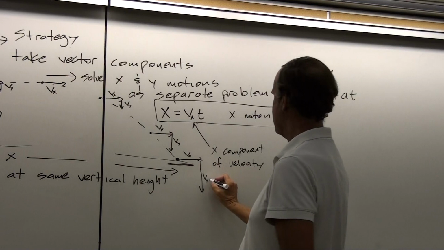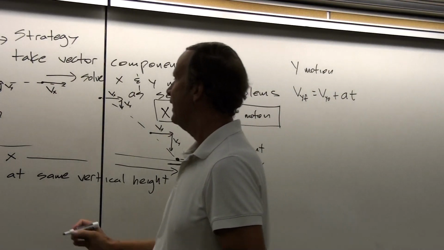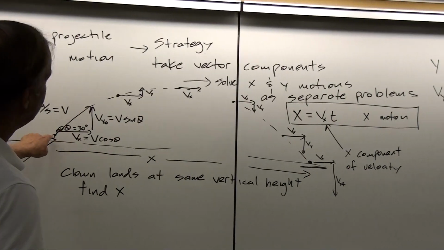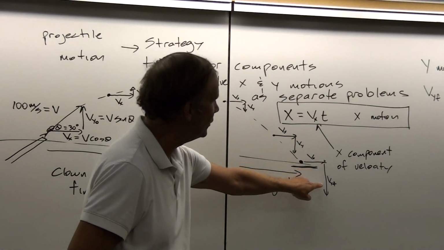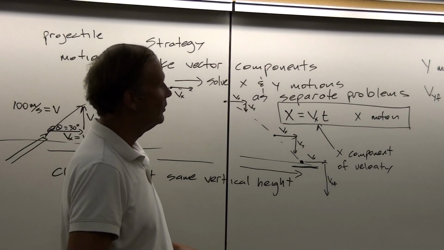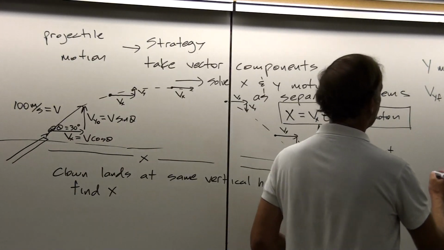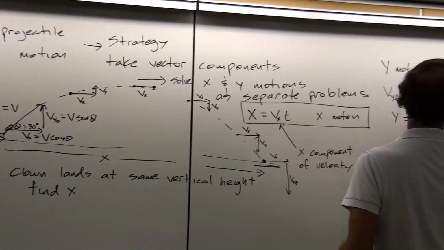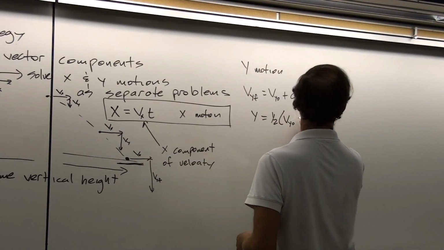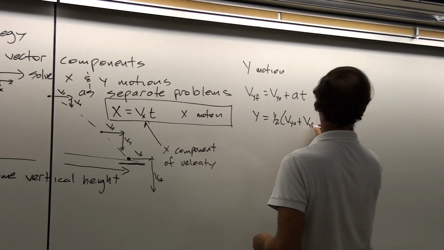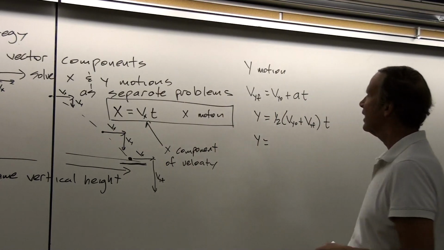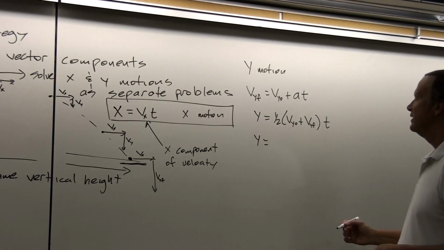So this would be Vy final here, and this would be Vy initial here, because this would be the initial point, and that would be the final point, and the y component of velocity is changing all the way through. And then our second equation would be y equals 1/2 times Vy initial plus Vy final times t. So it's the same as before, except just with the components of the vectors.